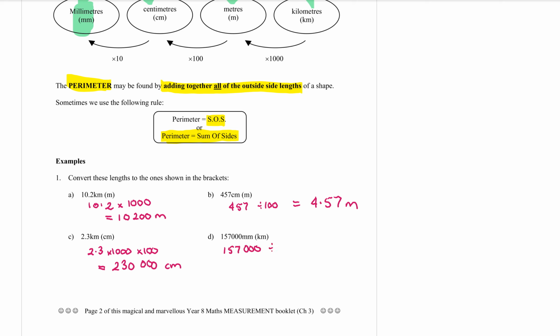I divide by 10, divide by 100, and divide by 1000. Now altogether that is 1, 2, 3, 4, 5, 6 zeros. So it would be jumping back 6 places from the end, which would make 0.157 kilometers. Or you could use your calculator if you need to.